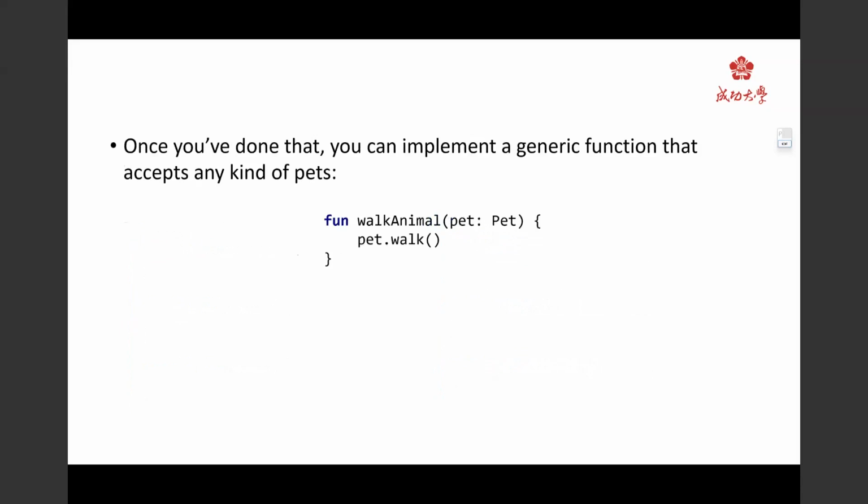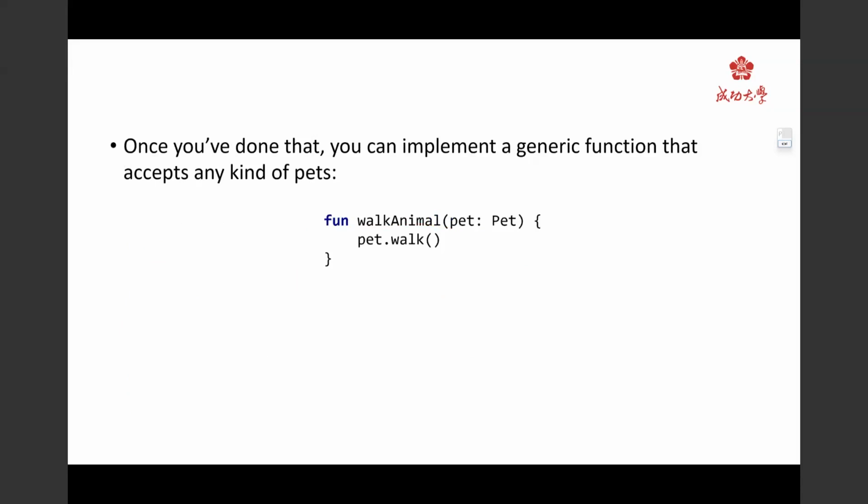So the benefit of using an interface is that we can do generic programming. Here's an example. We have a function over here called walk animal, and you can see it takes a pet. No matter whether it's a dog or a cat, we can always ask the pet to walk, right?